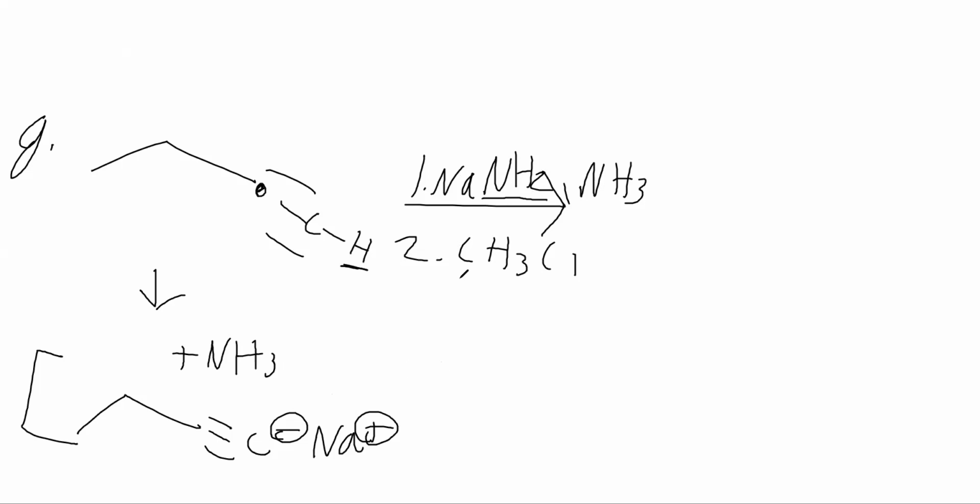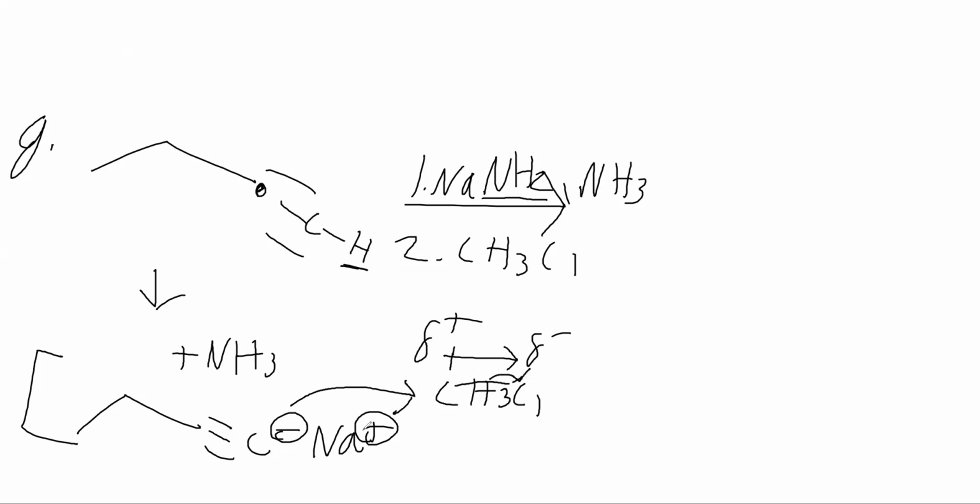And the second step, adding the CH3Cl. So this is something you know, an alkyl halide can act as a nucleophile or an electrophile because of this dipole. And we have a nucleophile here because of the negative charge, so it attacks the carbon and the bond to the chlorine breaks.